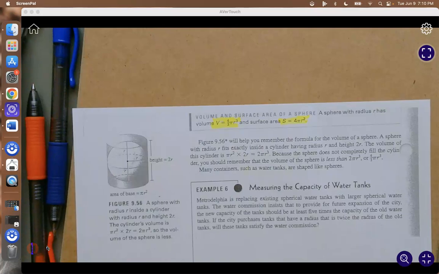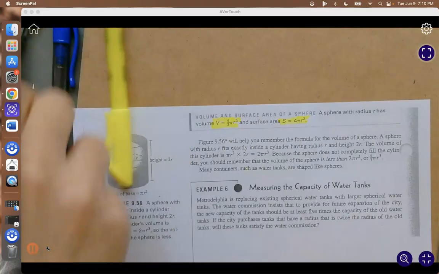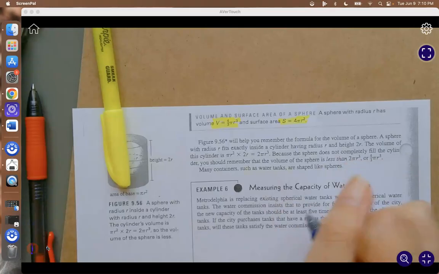Metrodelphia is replacing existing spherical water tanks with larger spherical water tanks. The Water Commission insists that to provide for the future expansion of the city, the new capacity of the tanks should be at least 5 times the capacity of the old.